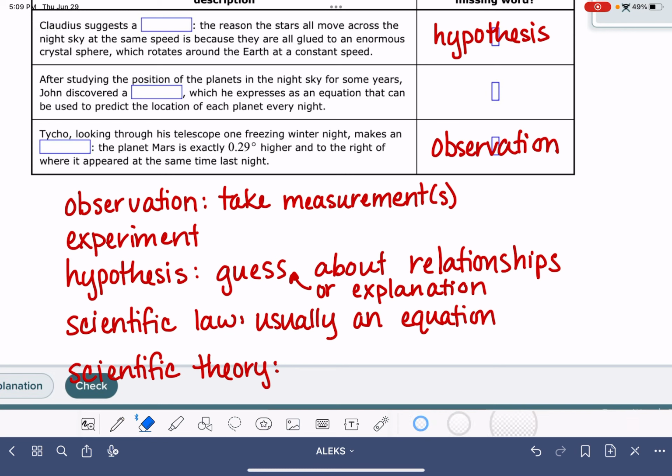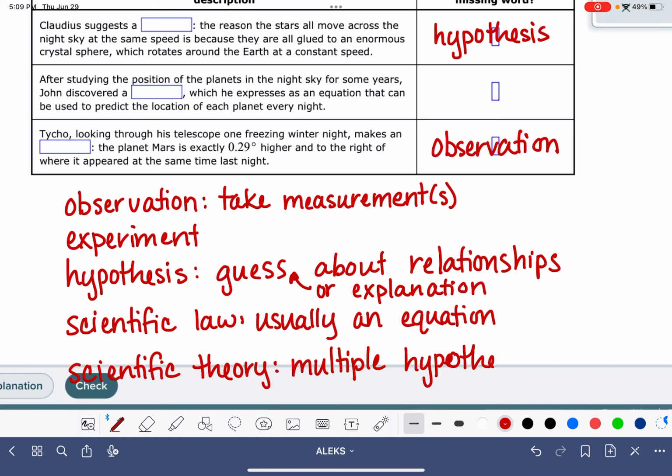A theory is something that we would develop from multiple hypotheses, all coming together, but typically the main difference between these two is this mathematical component in the law.